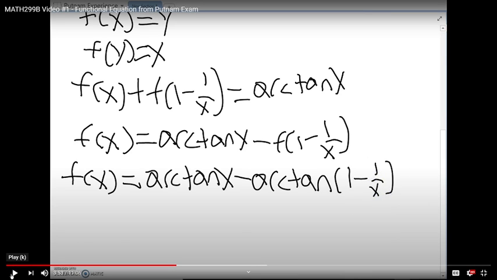Alright, so you have two contradictory formulas here. You said f of x equals arctan x earlier, and now you have f of x equals arctan x minus arctan 1 minus 1 over x. If you plug in the first one into the equation, you'll get arctan x plus arctan 1 minus 1 over x is equal to arctan x, which simplifies to arctan of 1 minus 1 over x is equal to 0 for x not equal to 0.